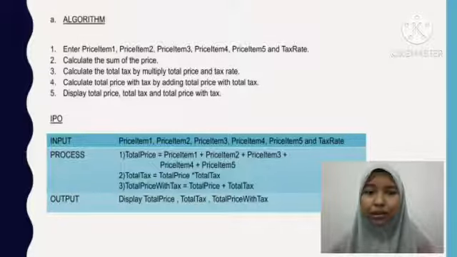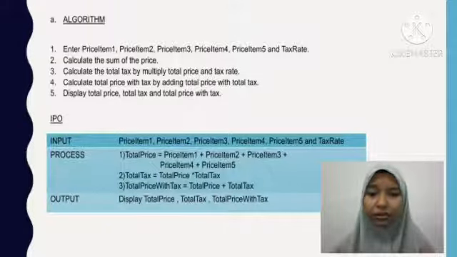IPO: input price item 1, price item 2, price item 3, price item 4, price item 5, and tax rate. The process is first, total price equals price item 1 plus price item 2 plus price item 3 plus price item 4 plus price item 5.